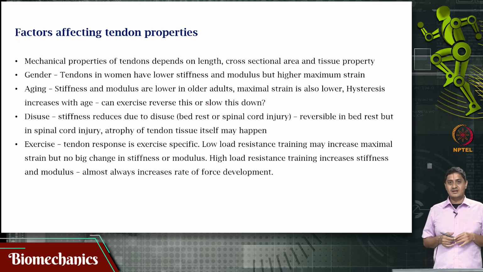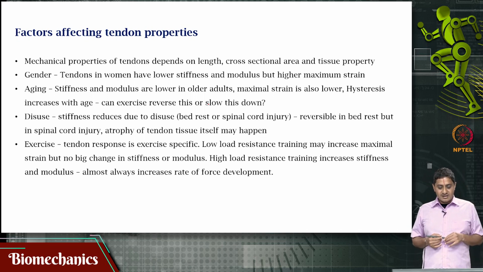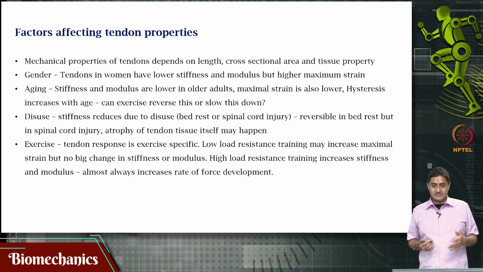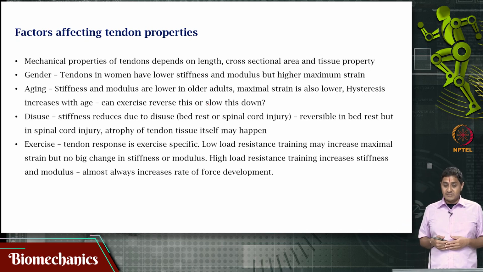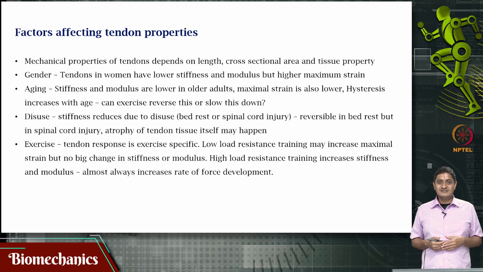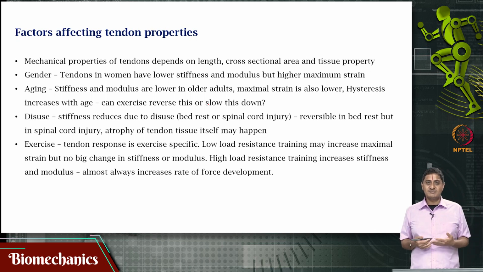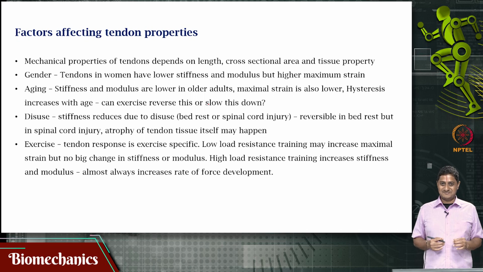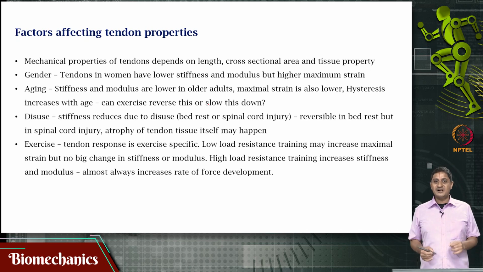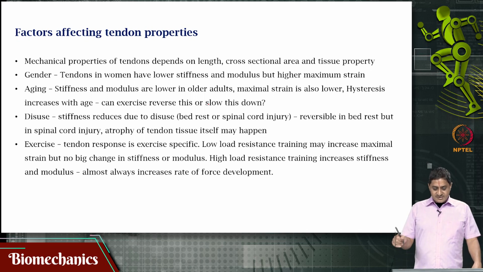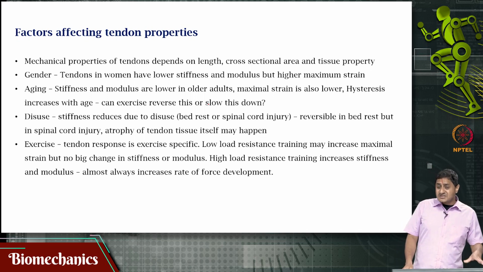The message is that this deterioration in stiffness, modulus and maximal strain can be partly offset by exercise. Not fully offset, but exercise has its benefits. We can definitely slow this down and reverse it partially.